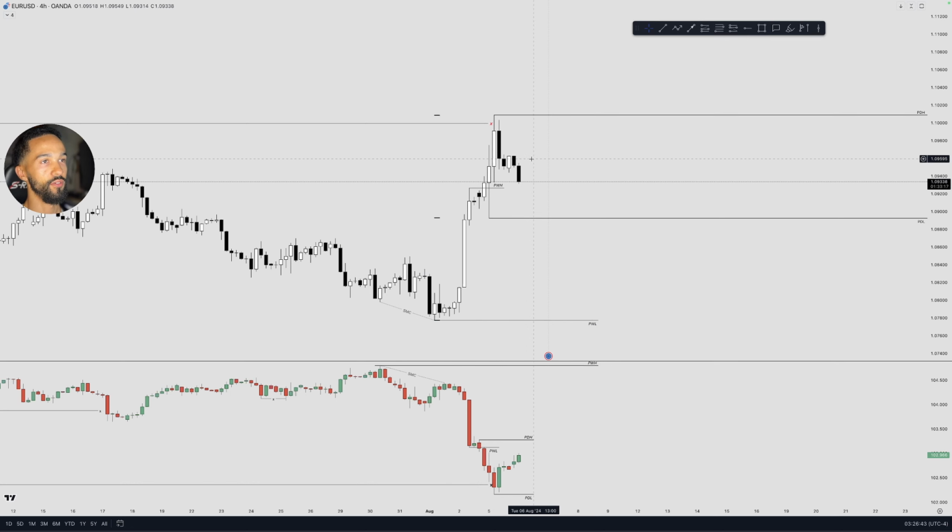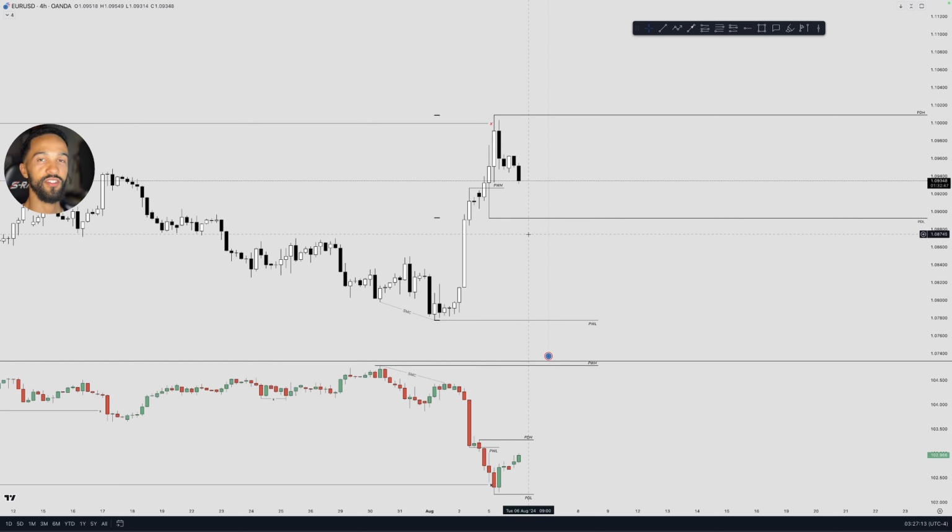So just looking at the 4 hour, it's natural that we could have possible short opportunities, counter trend short opportunities until we're in a discount. We'll see what that looks like on the lower time frames, but until we're back into this area, I can imagine we'll have opportunities to go bearish.